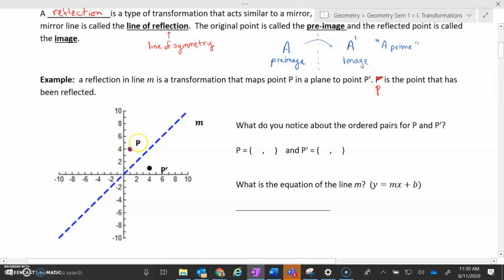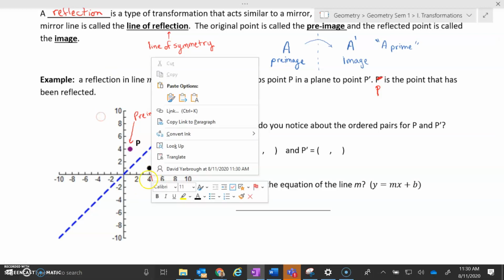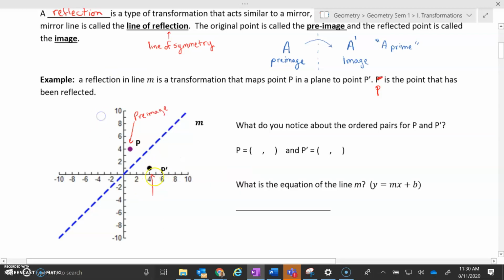All right, so this P is my pre-image, and P prime is the image. I wish we called it like image and then post-image, but we don't. We call it pre-image and then image.